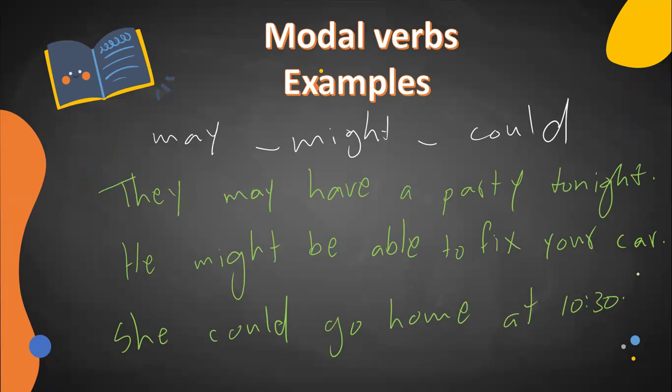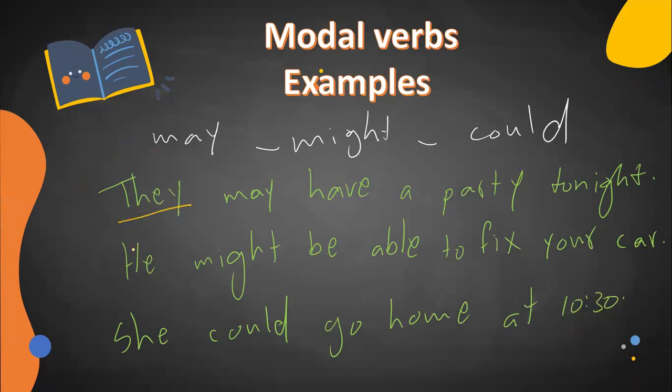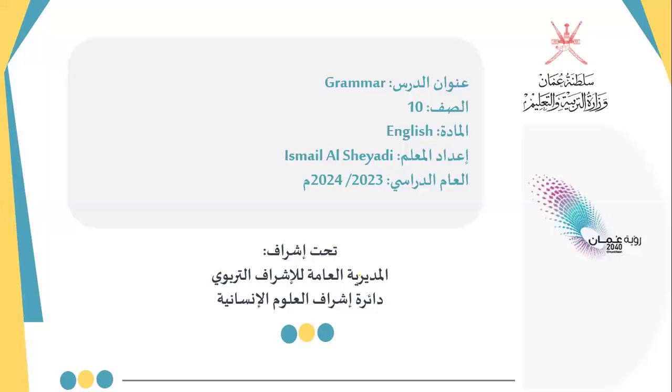She could go home at 10:30 before you arrive. To form a sentence using these modal verbs, we have to start with the subject, then the modal verb, after that verb number one or the main verb. Now I think everything is clear.